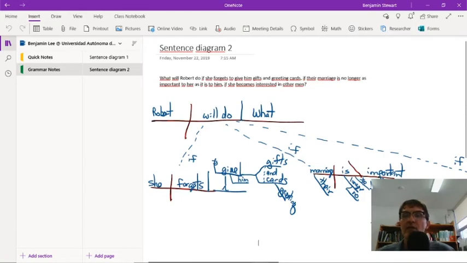And we also have an indirect object to her. And again, this should also be under the linking verb is. We have an adverb as, and this is also going to be connected with another as, just as I've indicated here.